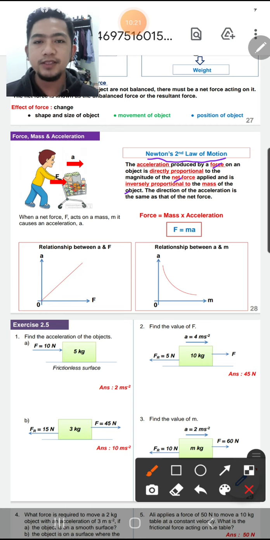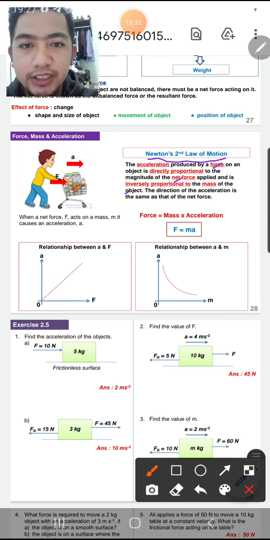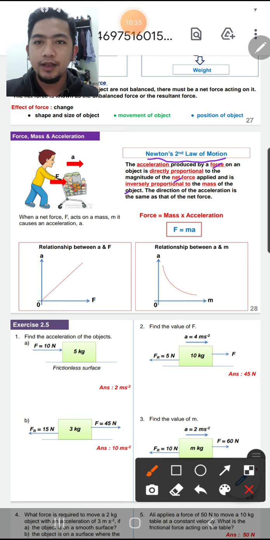Okay, means here the second law of motion, the acceleration is directly proportional to the force. The bigger the force, the bigger the acceleration. Okay, but the acceleration is inversely proportional to the mass. So the bigger the mass, the smaller the acceleration. Kalau benda yang berat, confirm dia semakin rendah dia punya acceleration compare to benda yang mempunyai jisim yang ringan.